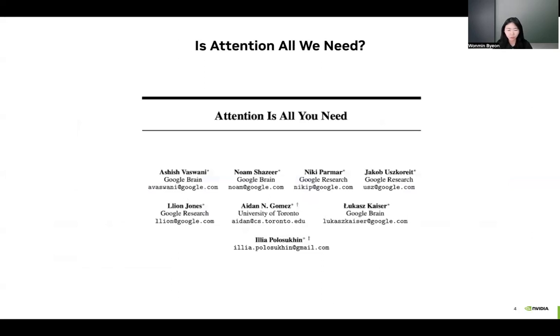This is the first transformer paper, titled "Attention Is All You Need." And today's talk is about whether we actually need attention, and whether attention is all we need.